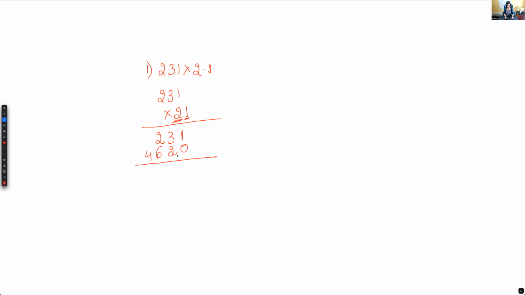So 2 times 1 is 2, 2 times 3 is 6, and 2 times 2 is 4. So now we will add them. 1 plus 0 is 1, 3 plus 2 is 5, 2 plus 6 is 8, and then 4. So now how to keep the decimal point? For that, we have 2.31, which has 2 decimal places.